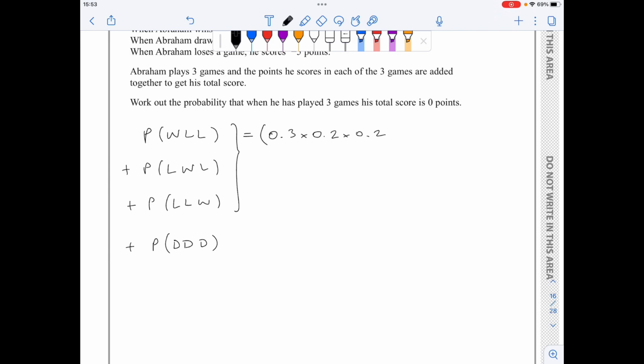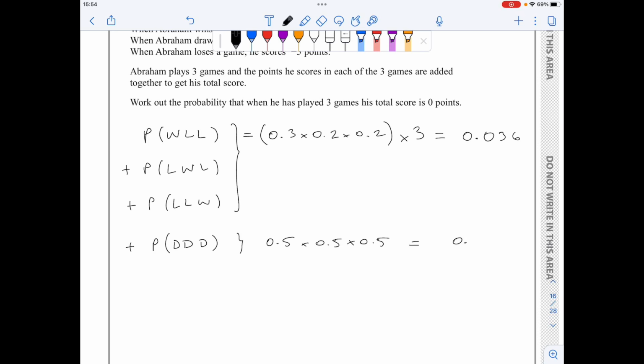So the sum of these probabilities will be the probability of the first one times 3, and this comes out to be 0.036.